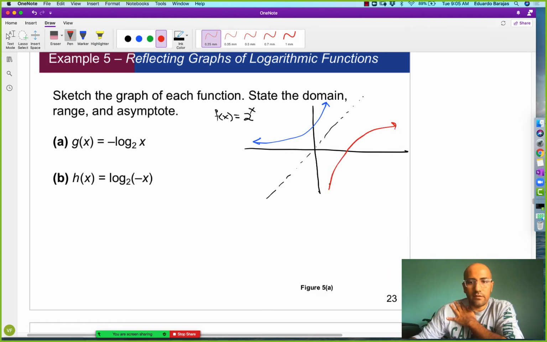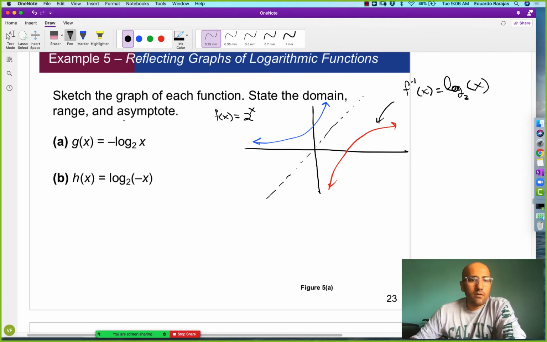So this one here is the inverse function, which is going to be log base 2 of x. Okay, so now the only thing is this minus here. What happens when we multiply the output of our function by a -1?